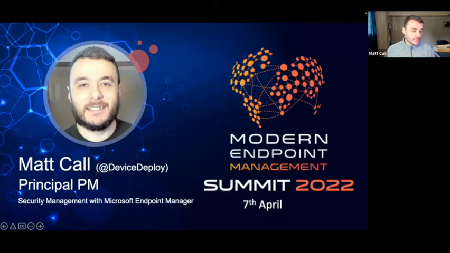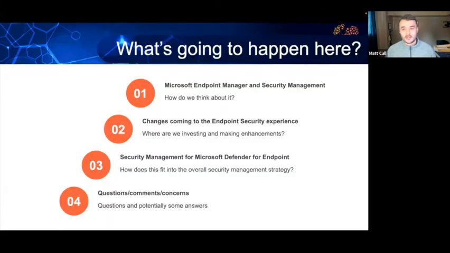What we're going to go through today is a few things. First, I'm going to frame the Microsoft Endpoint Manager security management story for you all, level set how we think about security management internally, how we think about it in terms of the policy team, and the steps that we take to build the solutions that you see in the console today.